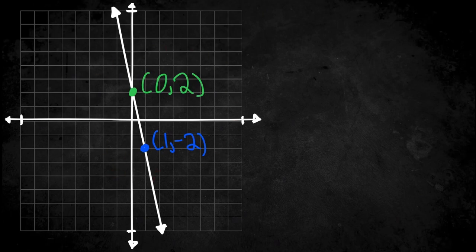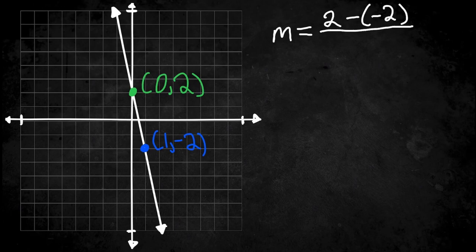Now for this problem, we have one less step to do because if you see on the line, it already gives us the y-intercept too. But we still need to find the slope. So let's do that. So we have m equals, I'm going to do (0, 2) first. 2 minus 1, negative 2 over 0 minus 1.